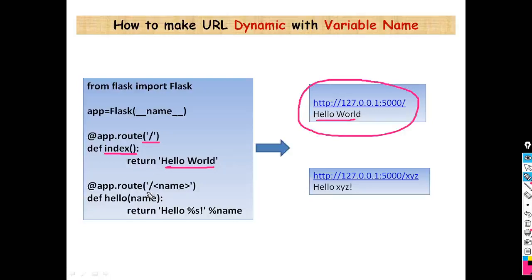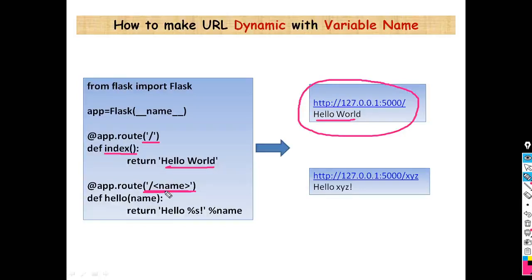When we write the route function, within the route you should define that argument. This is the variable name with which we can pass an argument with the help of the URL. Here I have given the name of the variable as name.